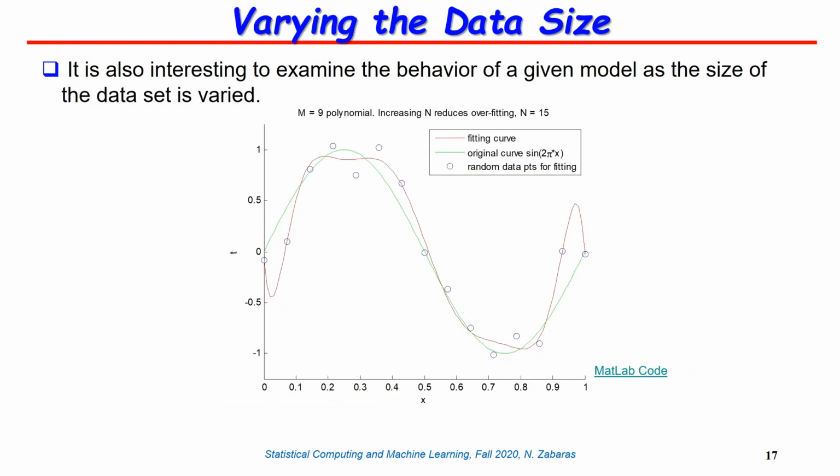Okay, now let's make things interesting, and the way we're going to do that is by increasing the number of training data points to 15. So now I'm still using a 9th order polynomial, and you notice suddenly there is no overfitting. All right, that's interesting. We increase the number of points, and somehow I can afford a higher complexity model without overfitting. So m equal to 9 is not an issue.